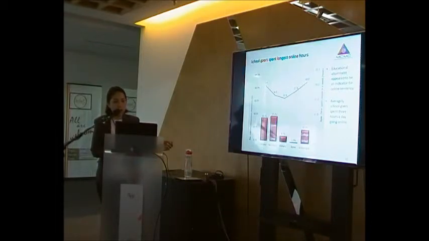You can see for people with tertiary education, they spend 20.6 hours in a week. So almost 3 hours a day, 7 days a week. As compared to that, schoolgoers have slightly higher, 20.9.